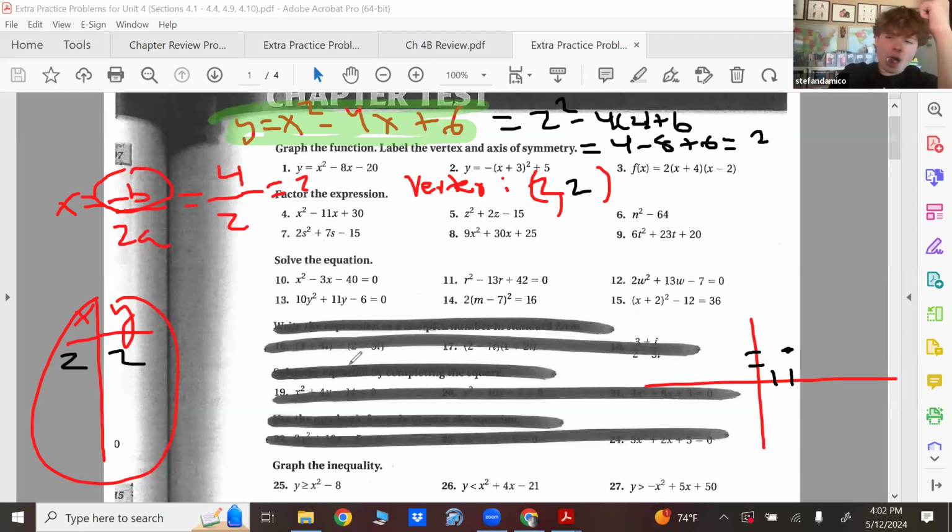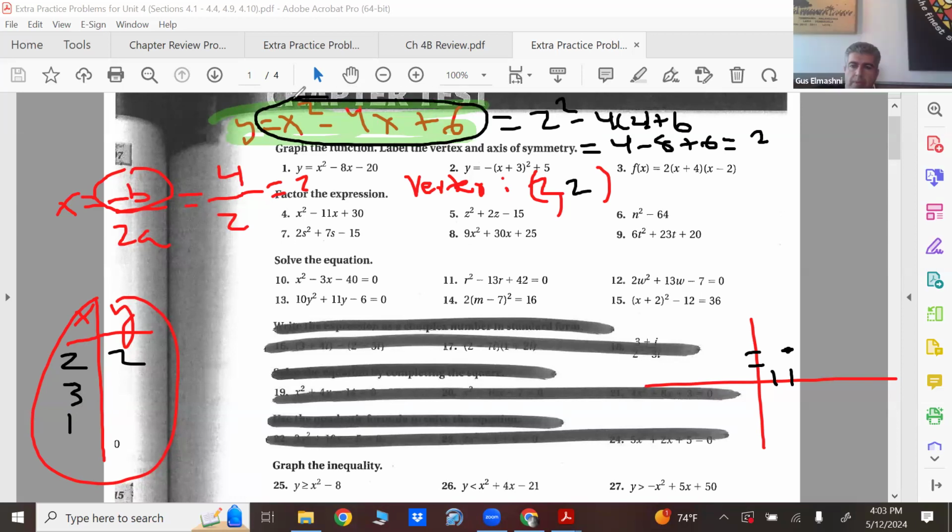All right. Plug in a number close to 2. Well, let's do 1 away on each side: 3 and 1. Good. So for 1, that'll be... Plug 1 in, plug 3 in, please.